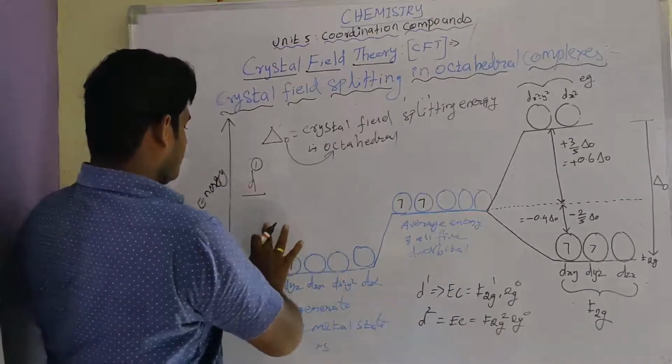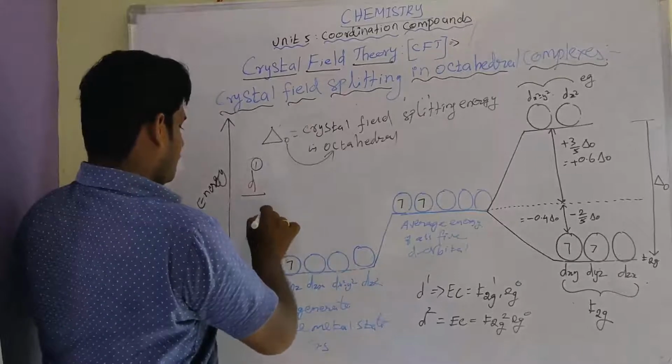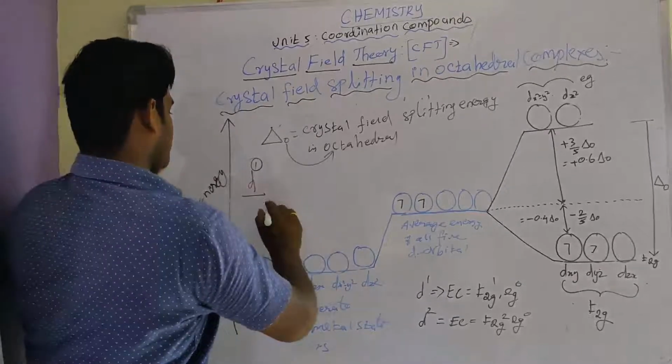Suppose we have d10, that means ten electrons are present.